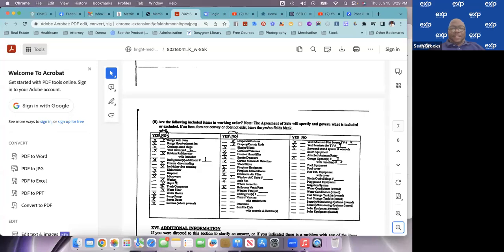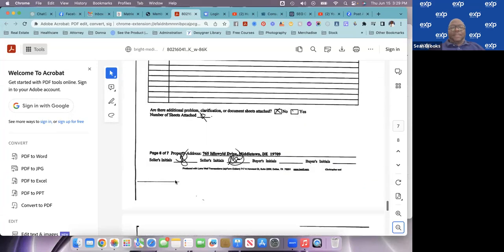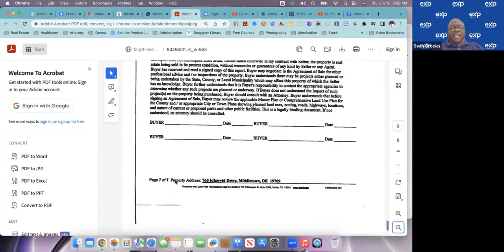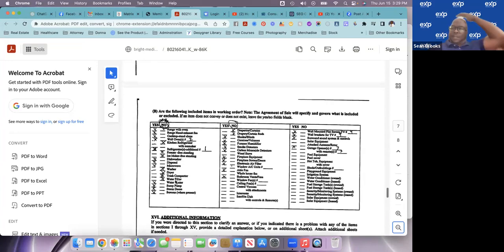Right, it just says is in working condition. Some agents will attach an inclusion exclusion list, and this is what we're going to check off and use for our offer. Now, if they don't have an inclusion exclusion list, then we'll use this form.